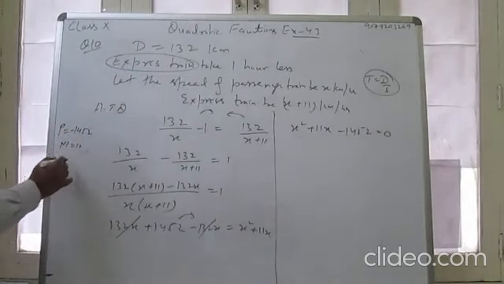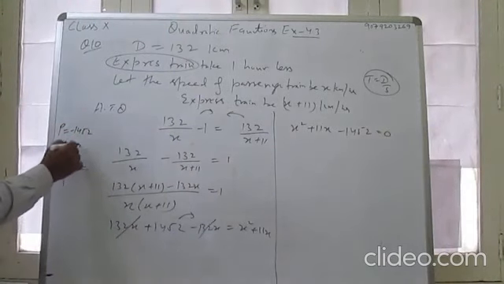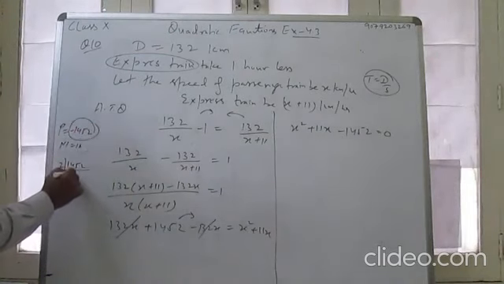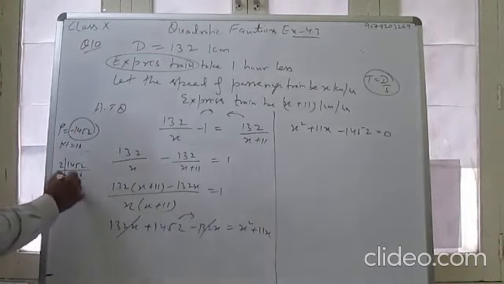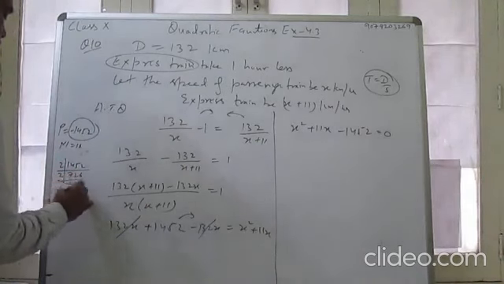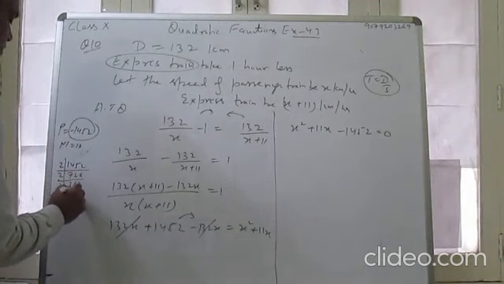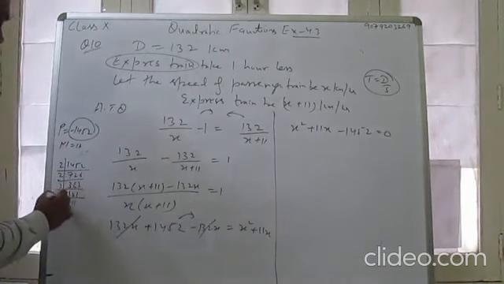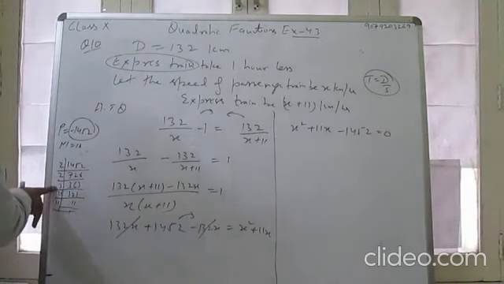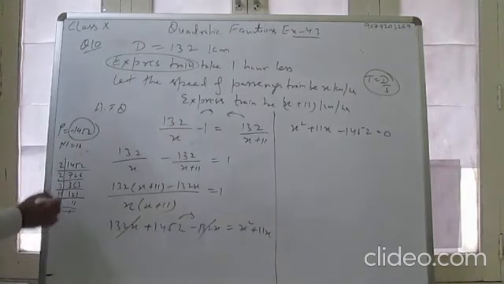Factor 1452 so that the middle term becomes 11. 1452 is 2, 726, 2, 363, 3, 121, 11, 11. So I will take 11 3s are 33 and 11 4s are 44. Here you can see that 44 and 33 are the factors.